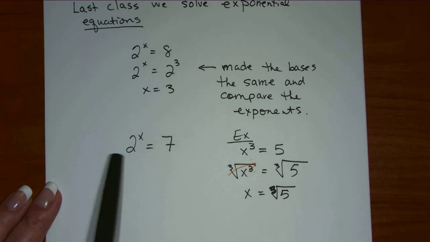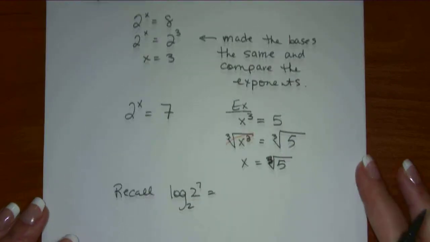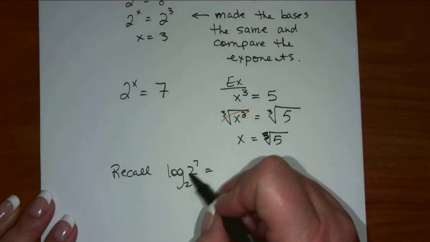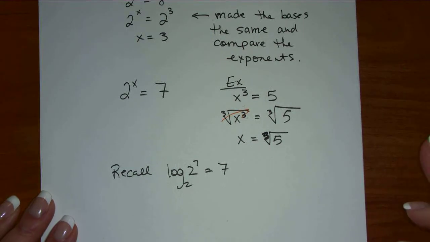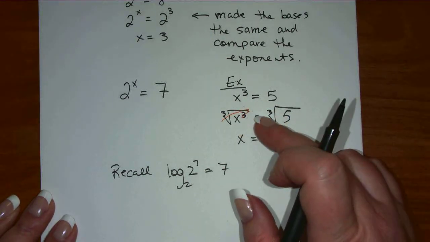If I put log base 2 of 2 to the 7, what's the answer? It doesn't even matter what 2 to the 7 is. When these match, the answer is the exponent. It's 7. So just like a cube root of a cube, the base 2 and the 2 cancel out and the answer is the exponent.